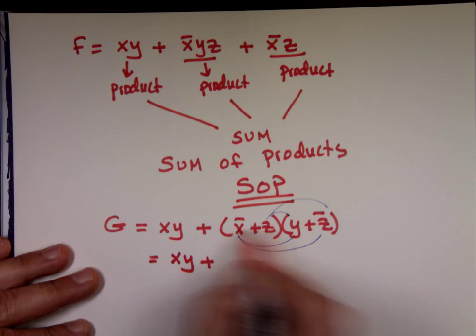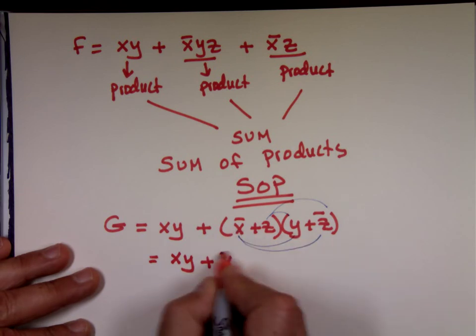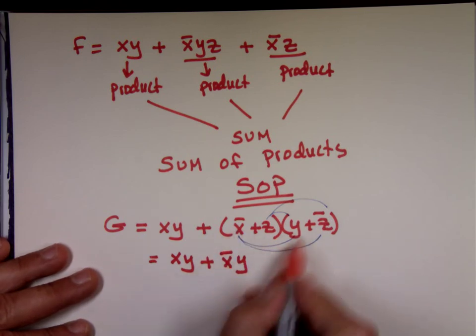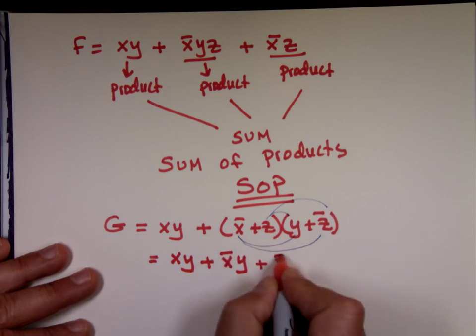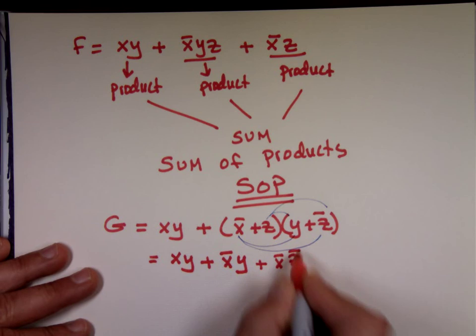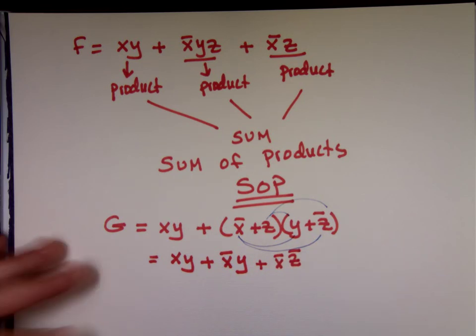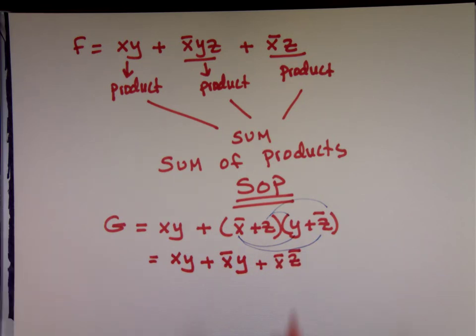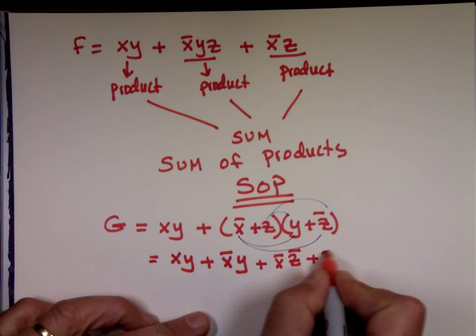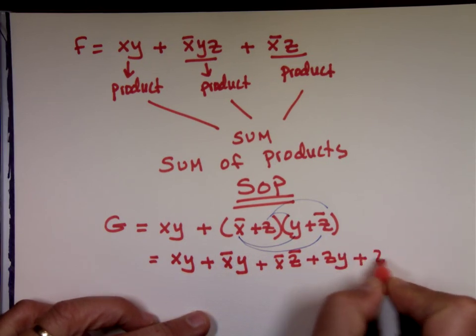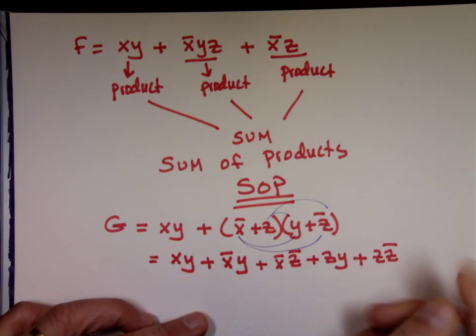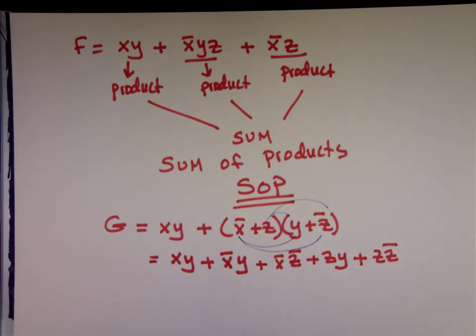That's x bar times y, right? Then what? x bar times z bar plus zy plus z and z bar. Try again on z and z bar. That's a 0, right?